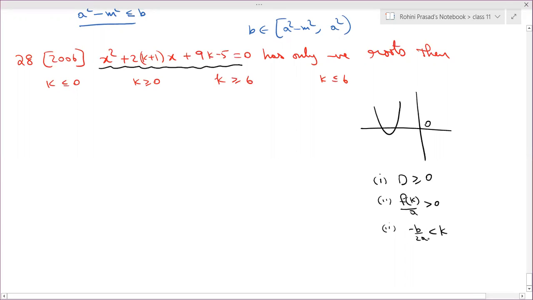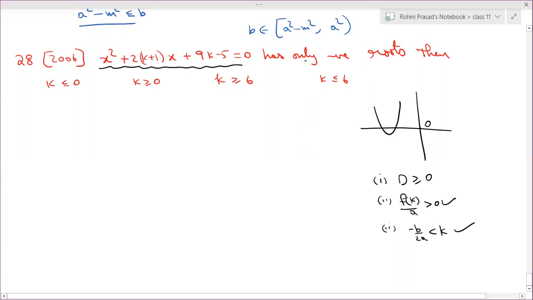So these three formulas we can use, or because it is 0, you can write sum of the roots less than 0 and product of the roots greater than 0. If you do that, still you get these two conditions only.